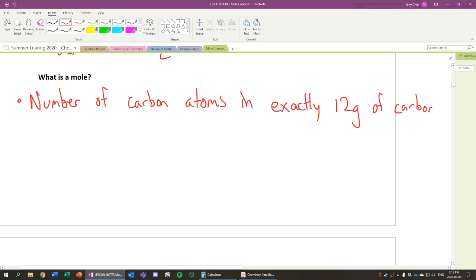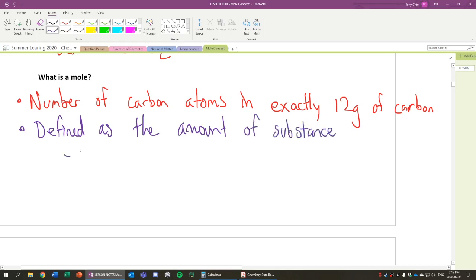So how many carbon atoms are there if you had 12 grams of it? And it's a very large number. But instead, really, it is defined as the amount of substance.